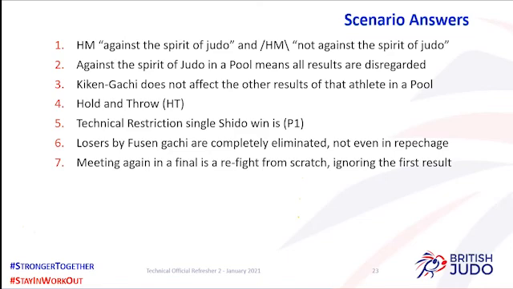Two athletes meeting again in a final is a refight from scratch, ignoring the first result. So it's irrelevant what happened in the first match. So if player A beats player B, but in the final, player B beats player A, the one who won the last match, i.e. the one in the final, is the gold medalist.